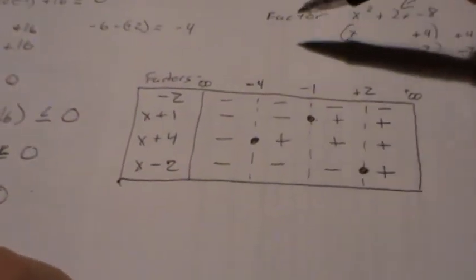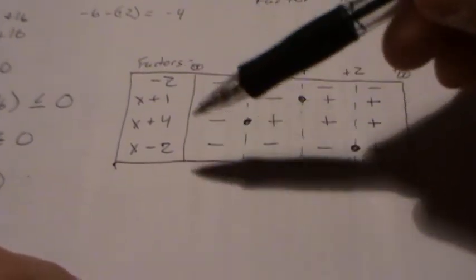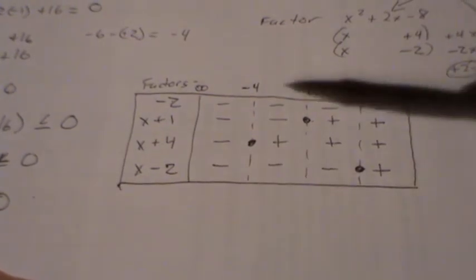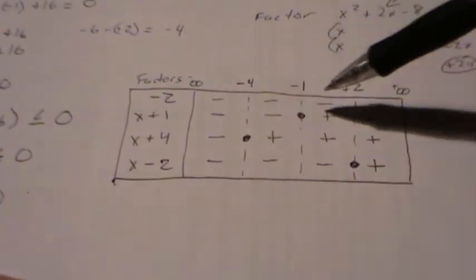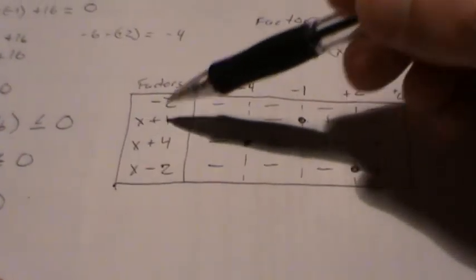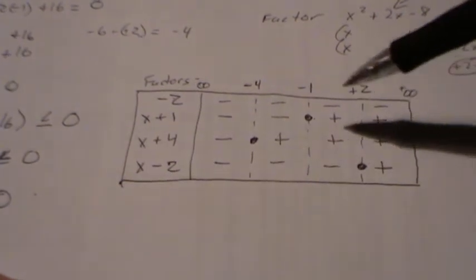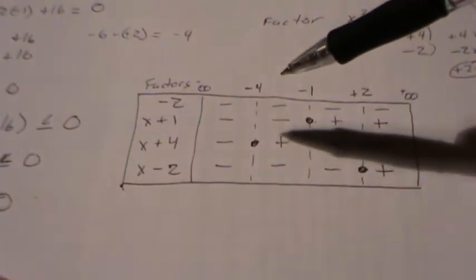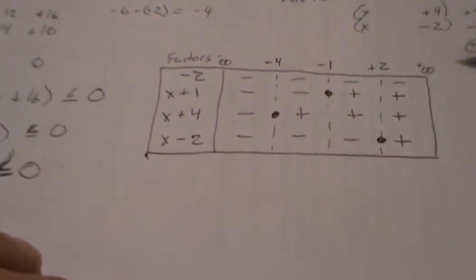Those numbers get written up top here, and then you fill out the factor chart as seen. Remember, numbers go on there, and a negative number is always negative. x plus 1 is negative over here, but it's positive over here. x plus 4 is negative over here, but positive over here, and so forth.